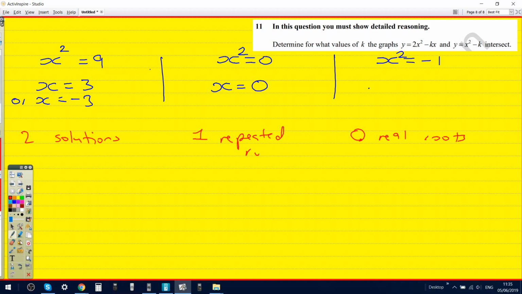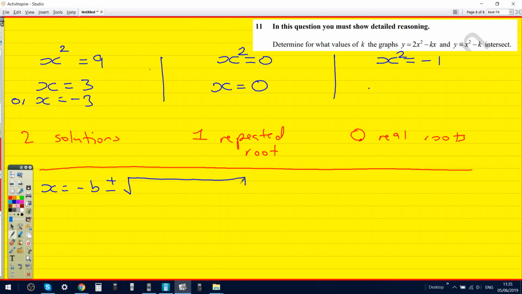I understand that the discriminant shows how many roots it's going to have. But I didn't see how or why they implemented it. So minus b plus or minus the square root of b squared minus 4ac, all over 2a.